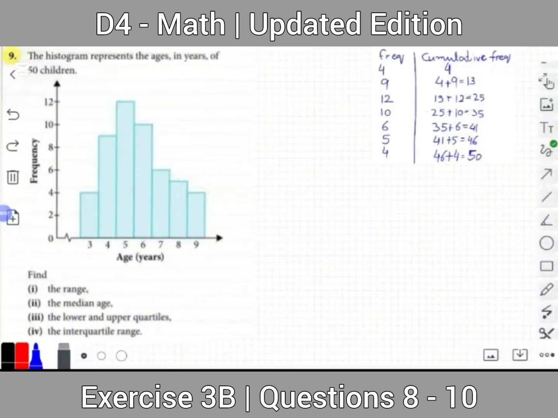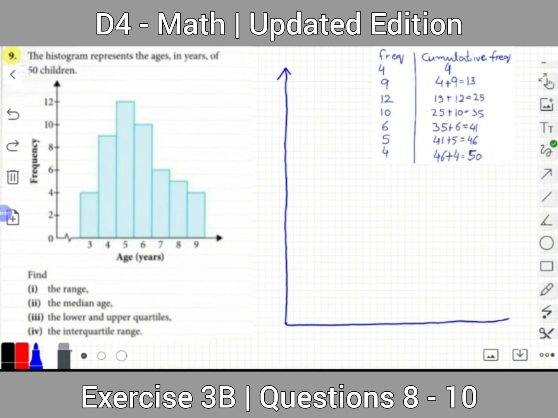So here along the y-axis we take the cumulative frequencies, and along the x-axis we will take ages, so ages in years.